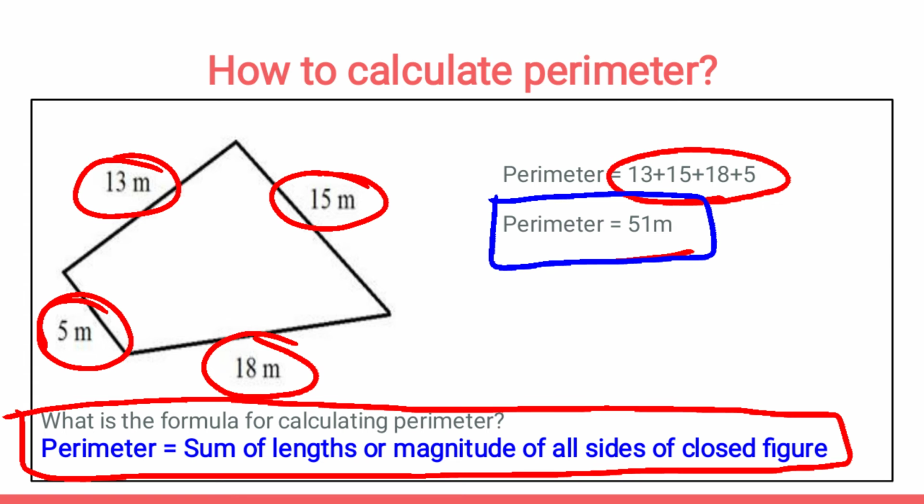Whether we have a square, rectangle, triangle or any other shape, irregular or regular, the calculation of perimeter will be done in the same way by adding all the lengths of all the sides of the figure.